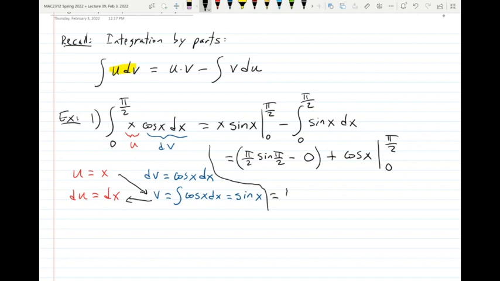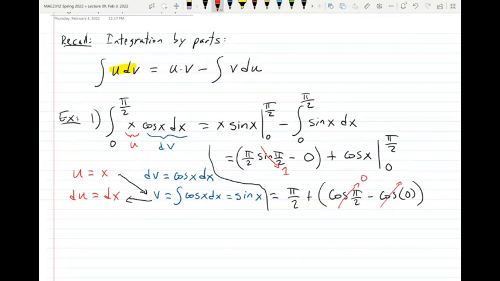Okay? So we have, remember that sine of pi over 2, what is sine of pi over 2? It's equal to 1. Good. So that's equal to 1. So here we just get pi over 2 plus, and then here we have cosine of pi over 2 minus cosine of 0. What's cosine of pi over 2? 0.